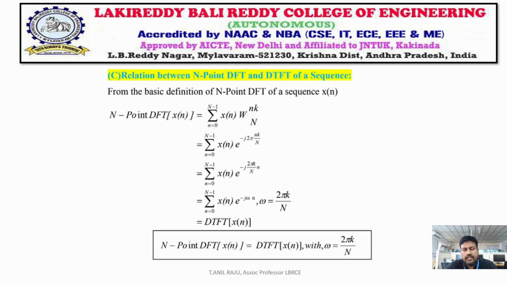In DTFT, the time sequence is discretized, but the frequency coefficients are continuous. So, that is why we call it a discrete time Fourier transform. Coming to the DFT, both the time sequence as well as the frequency coefficients are discretized. That is why time and frequency are both discrete, so we call it a DFT.